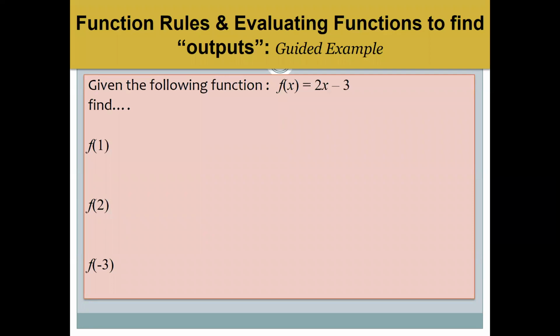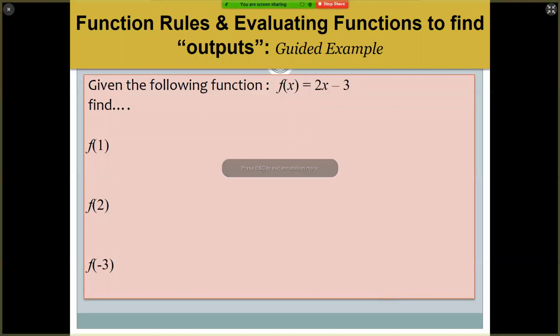Looking at this question, we're given the function f of x. Remember, f of x is the same thing as y. Don't let that trick you. I'm asking you to find f of 1, f of 2, and f of negative 3. What this really means is go to function f, right here, and plug in 1 anytime we see an x. So we're replacing this with 1 and this with 1.